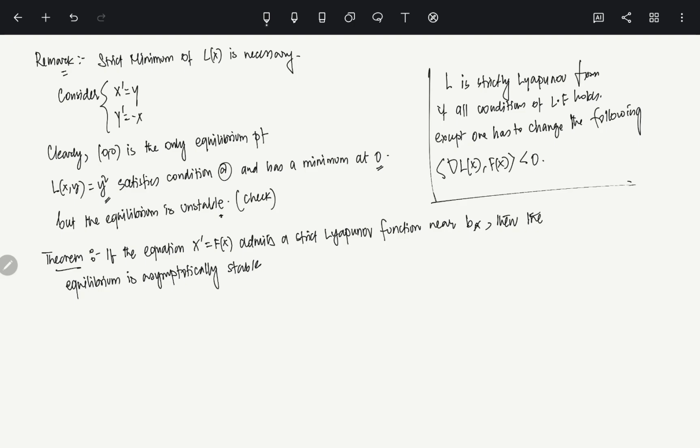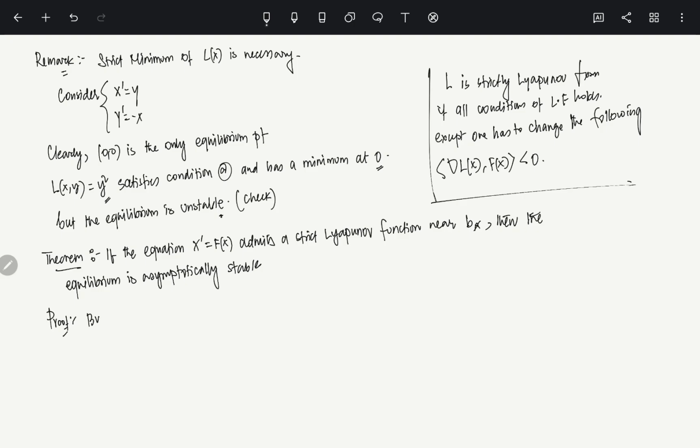Now, by the earlier theorem, what we have seen is this: if the trajectory x of t starts near B star, then for all positive time it stays in that compact neighborhood of B star. That's what we proved.